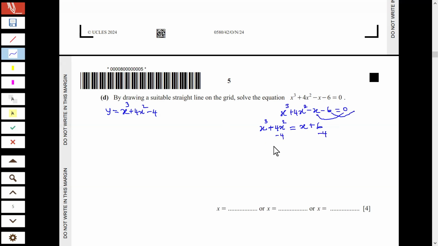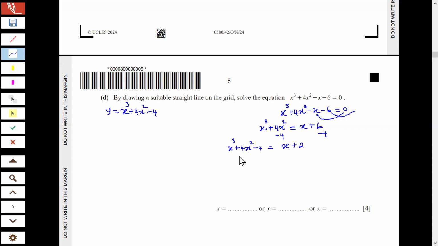If you subtract 4 from both sides, this gives us the original equation, which states x to the power of 3 plus 4x squared minus 4 equal to x, plus 6 minus 4, which is plus 2.